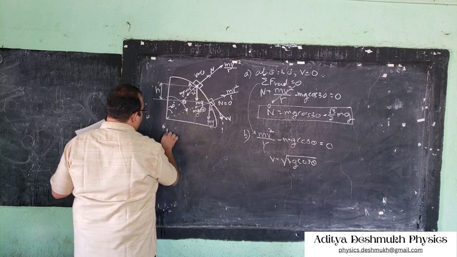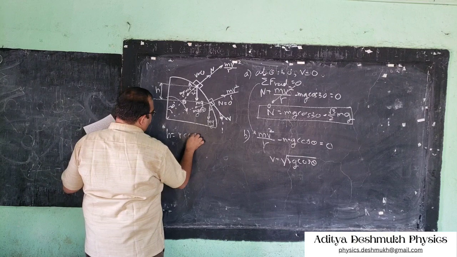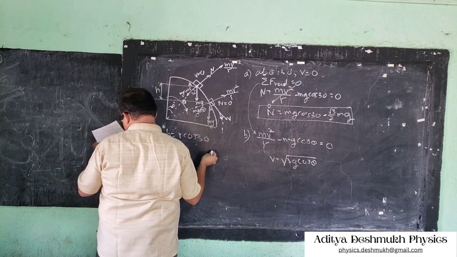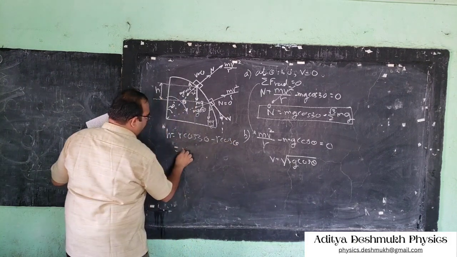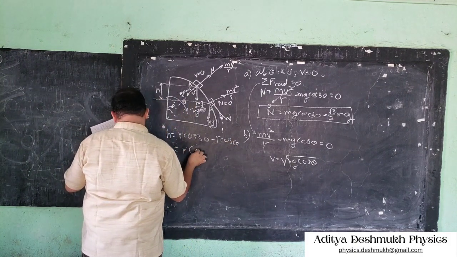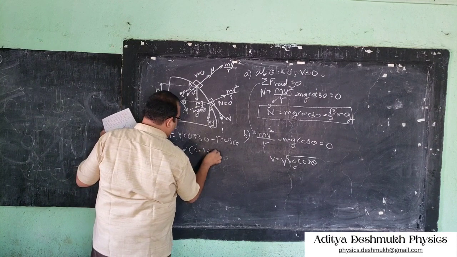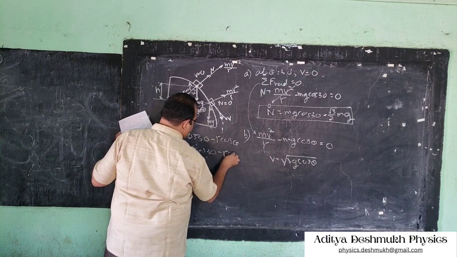So h will be r cos 30 minus r cos theta. So it will be h equals r into (cos 30 minus cos theta).